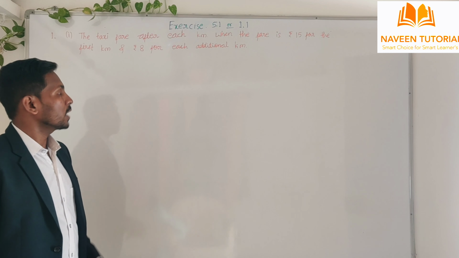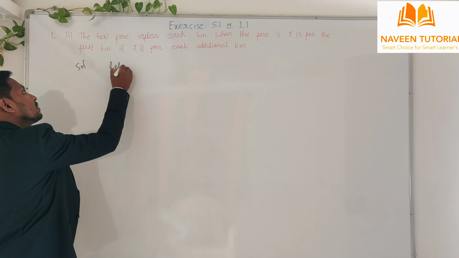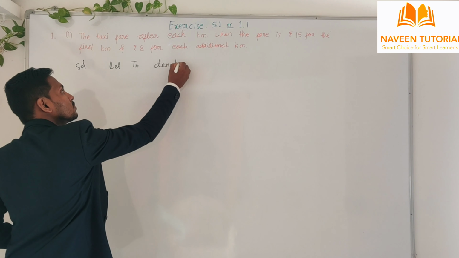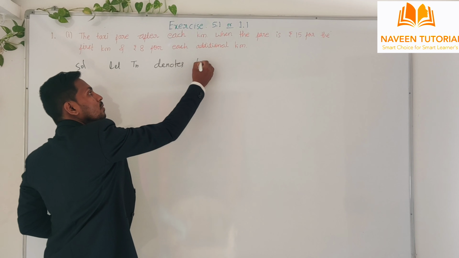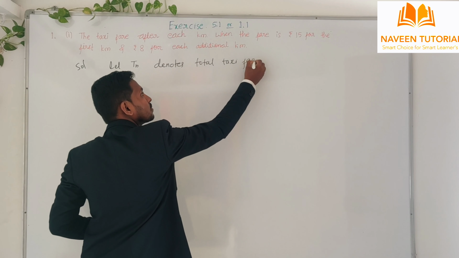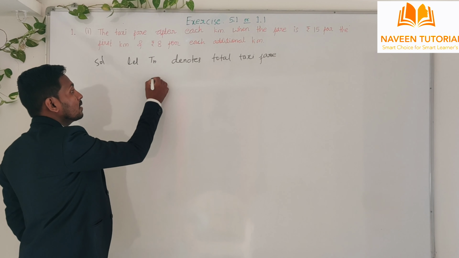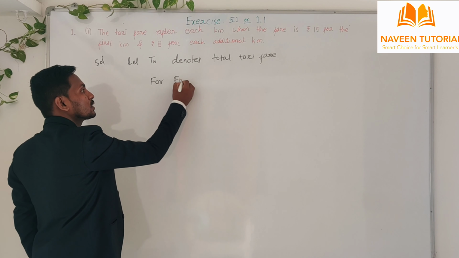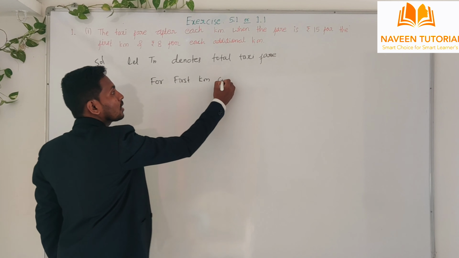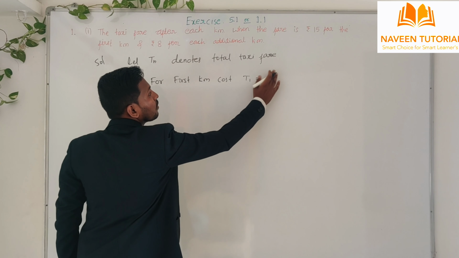So for that, let Tn denote the total taxi fare. Total taxi fare for the first kilometer, that is T1, is equal to 15 rupees.